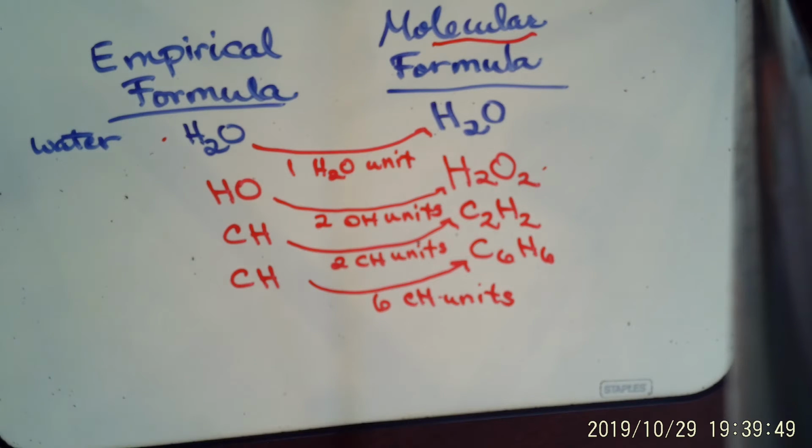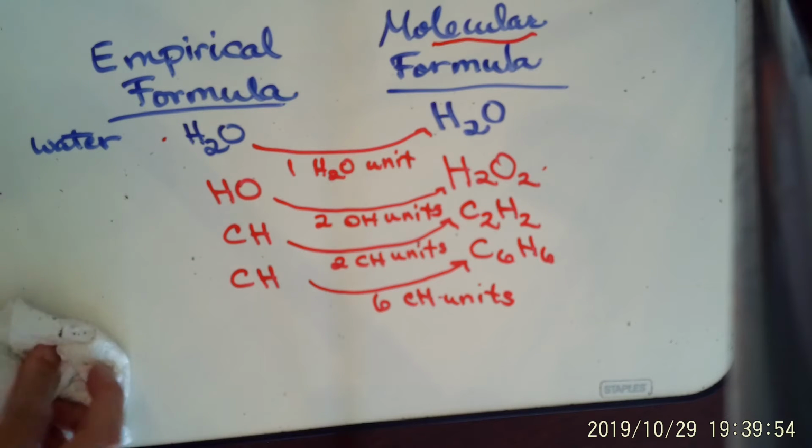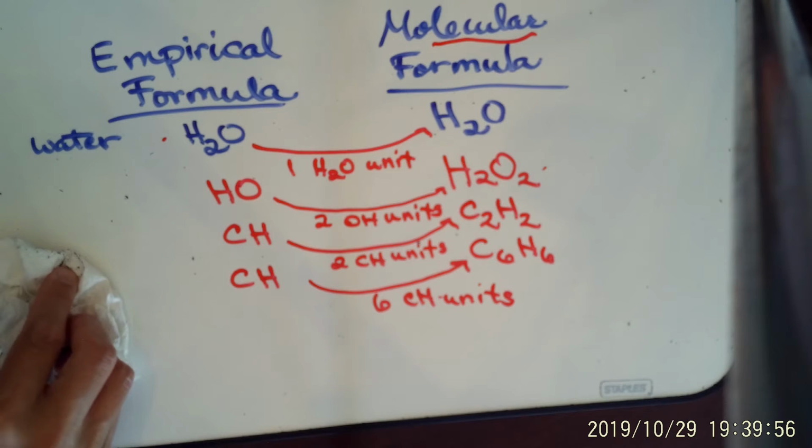Now let's take a look. How do we determine empirical formula? I'm going to write down the set of rules to follow, and you'll want to do the same. Just follow the rules.